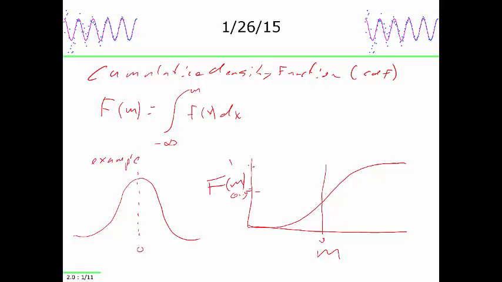The functional form of this is kind of stupid, in the sense that it's an integral over a Gaussian. There is no analytical solution for an indefinite integral of a Gaussian function. So we just have to evaluate it numerically. So in this case, if f of x is Gaussian, then capital F is just the integral from -infinity to m of 1 over the square root of 2 pi sigma squared, e to the minus x squared over 2 sigma squared dx.